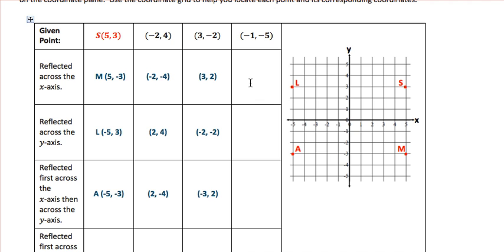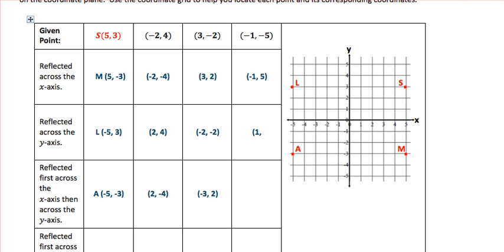And our final number, and by now you should be pretty good at the rules. If I'm reflecting across the x-axis, I'm going to do the opposite for my y-coordinate. So that would be negative 1, 5. If I'm reflecting across the y, I'm going to take the opposite of the x-coordinate.